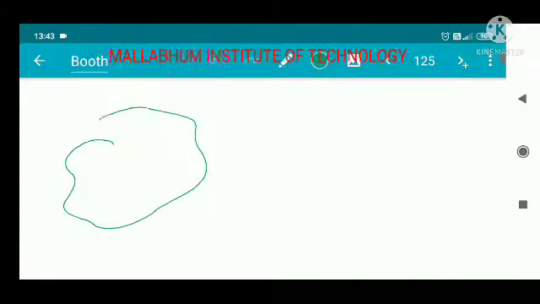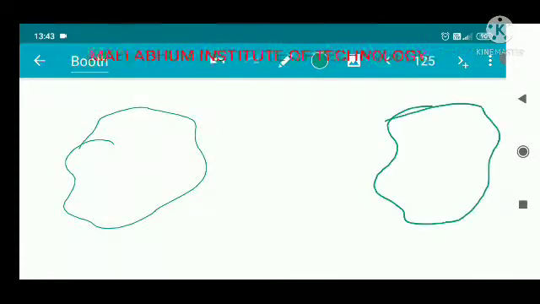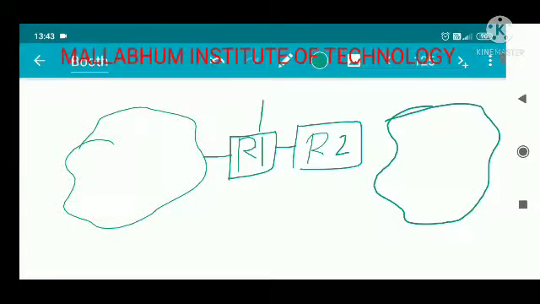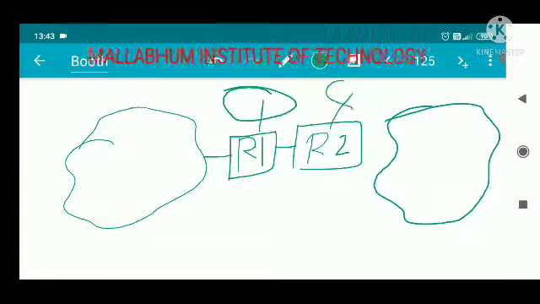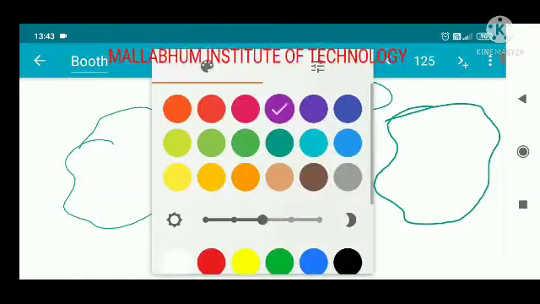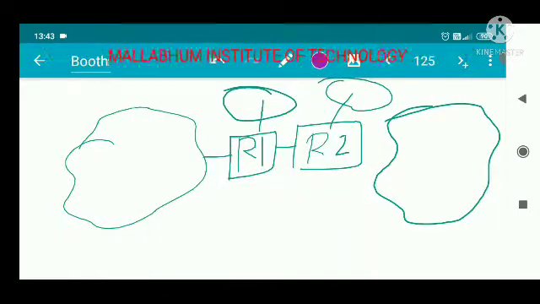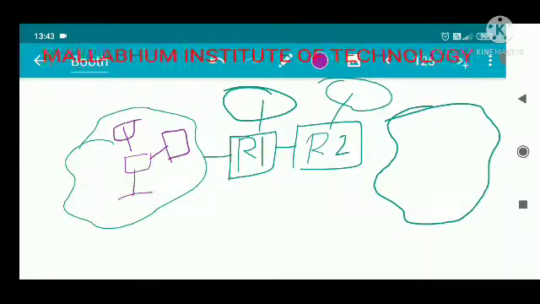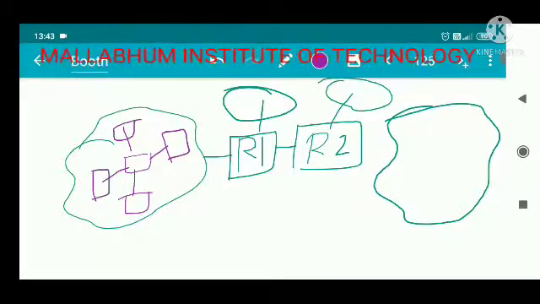I am just drawing a diagram like this. This is your one network, and in between them there is a router, maybe router 2. This router is again connected to another network, and within that network, suppose I am connecting all the host machines in a mesh topology.